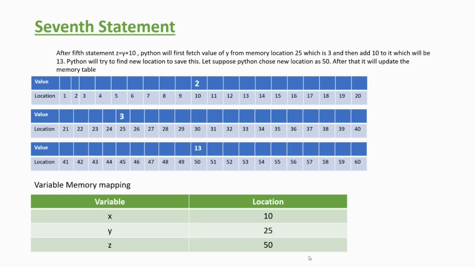Now, 13 is not stored anywhere in the memory, so it will create a new memory location. Suppose the new memory location is 50. It will put the value 13 at location 50, and at the same time update the memory mapping table and add a new line for z, which indicates the location is 50.